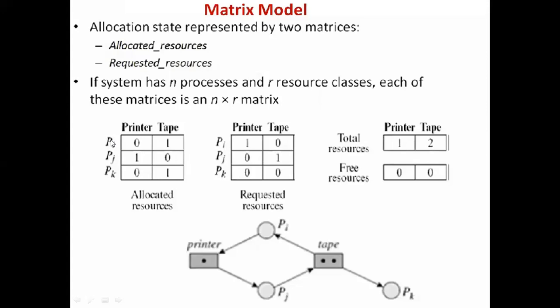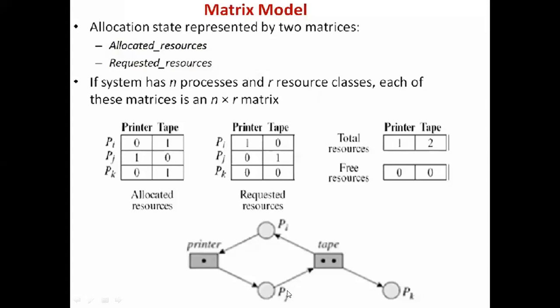And this PI process is not allocated any printer. No printer is allocated to the process PI. Hence you can write here 0. Are we clear with the first row here? Hello? Are we clear with the first row? So by looking at the RAG graph, you can enter these values.